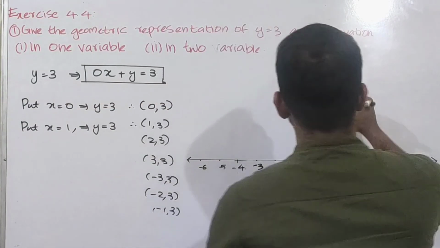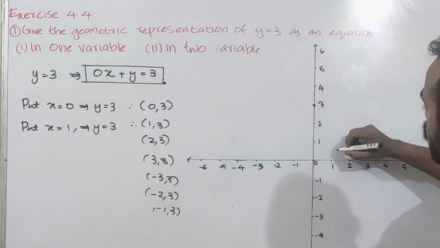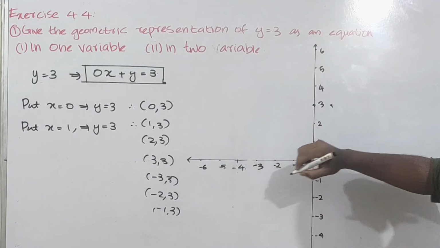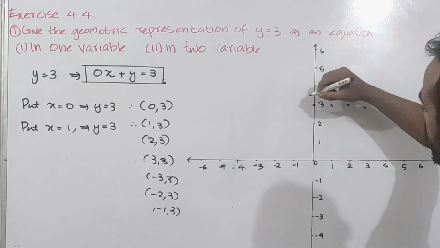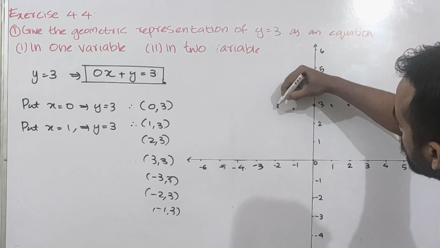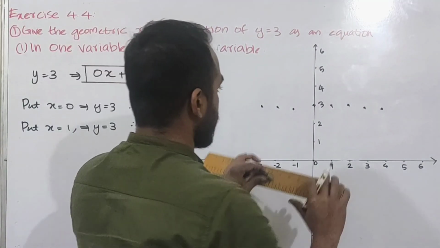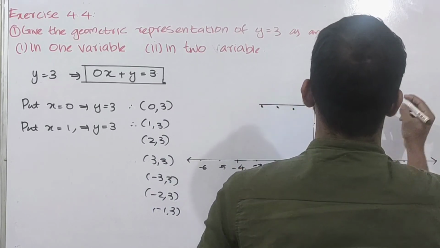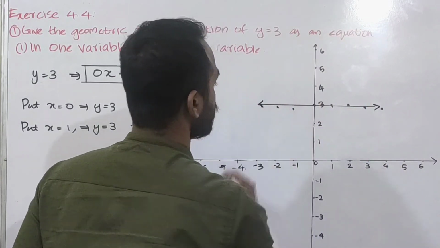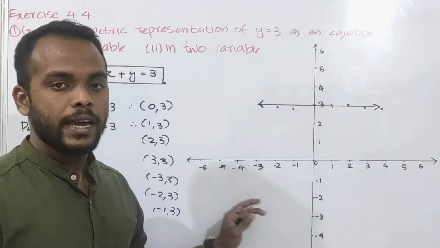So let's plot 0 comma 3. The x coordinate is 0, the y coordinate is 3. Then 1 comma 3, 2 comma 3, 3 comma 3, 4 comma 3, minus 1 comma 3, minus 2 comma 3, minus 3 comma 3. So this will be a straight line parallel to the x axis. Just see where it is parallel. This is a straight line parallel to the x axis.